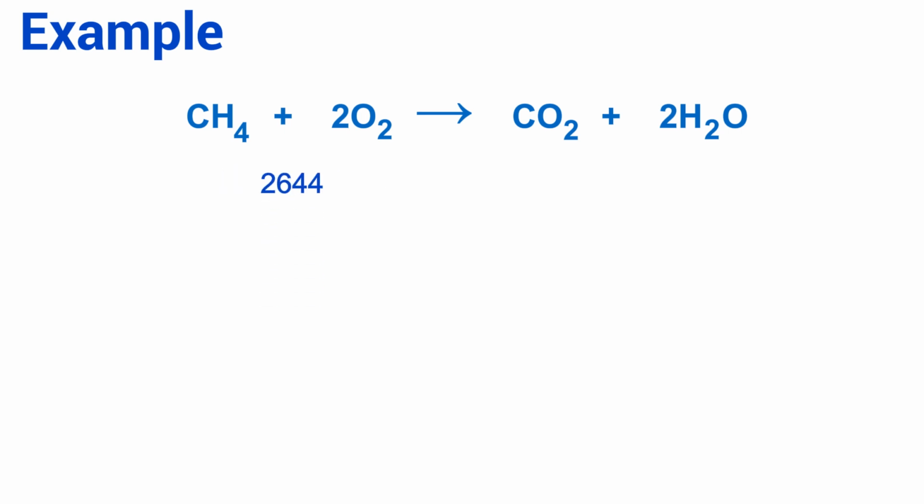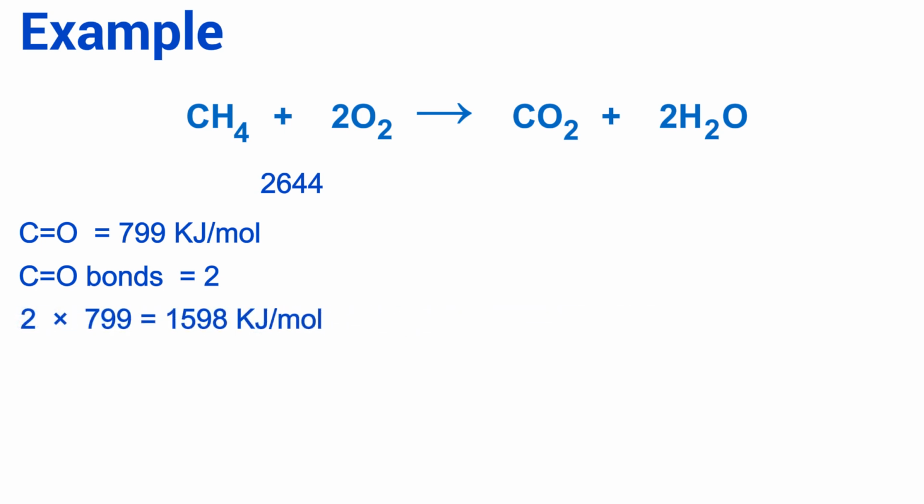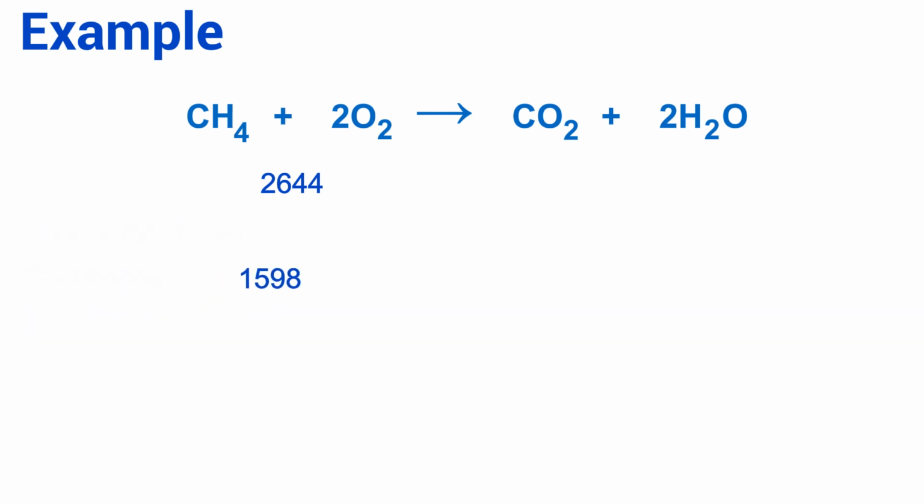Let's calculate the energy released when new bonds are formed. We start with the carbon-oxygen bonds. Each carbon-oxygen bond releases 799 kilojoules per mole of energy when formed. Since there are 2 carbon-oxygen bonds, a total of 1598 kilojoules per mole of energy is released.